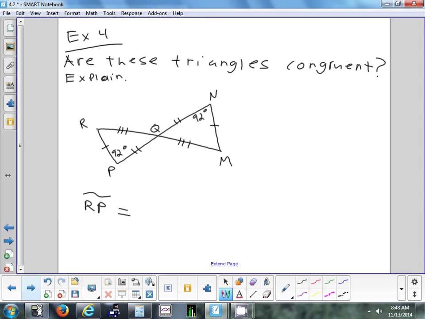One more time? MN. Yes, M, then N. So I went towards the 92, M towards N, the 92. So segment RP is congruent to MN. Good. We've shown one side is the same. Let's do PQ.